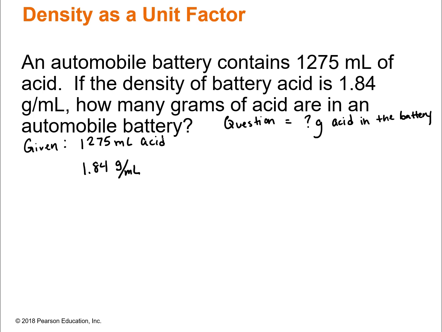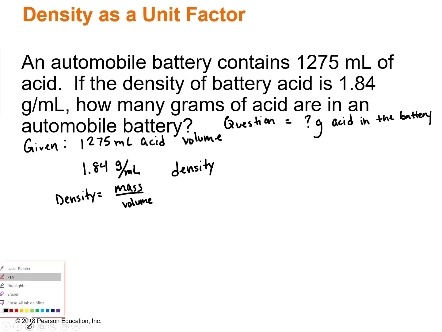Well, what we have is a volume, 1,275 milliliters, and we have a density. We know density is equal to mass over volume. Well, the question is looking for the mass. So we can rearrange this equation and figure out what our mass is.